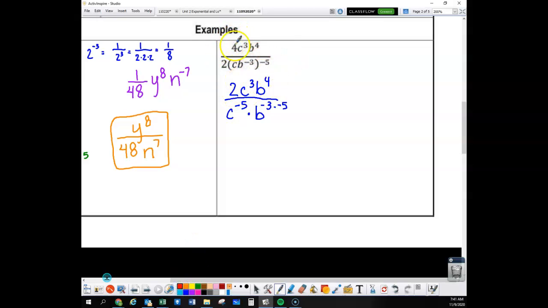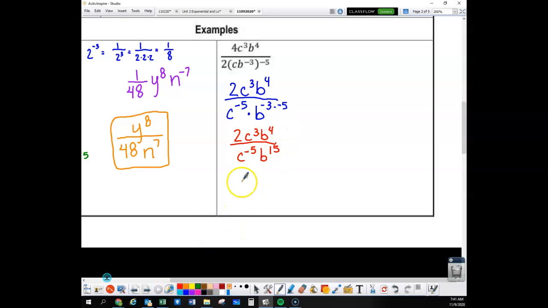The only thing was we divided 4 by 2 only because it wasn't inside the parentheses. If it was inside the parentheses, then that would be a different story. All right. So let's multiply -3 times -5, which is 15. That way now all we have to do is just subtract. So -3 times -5, that would be +15.